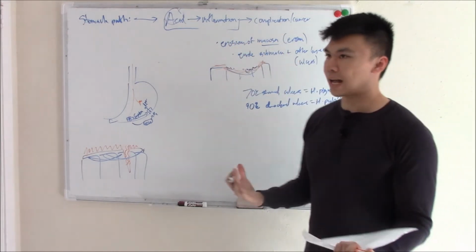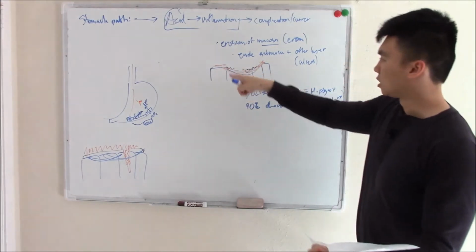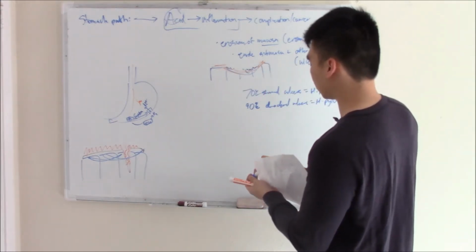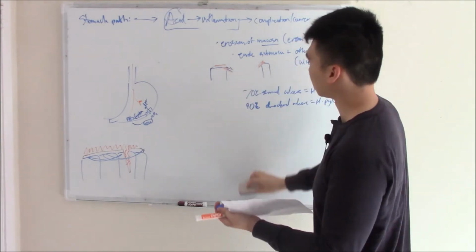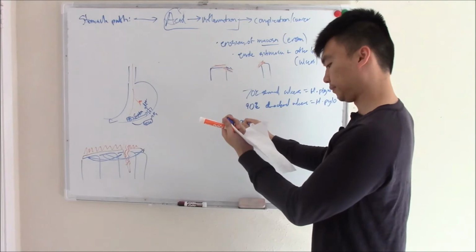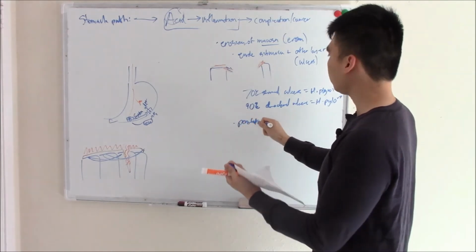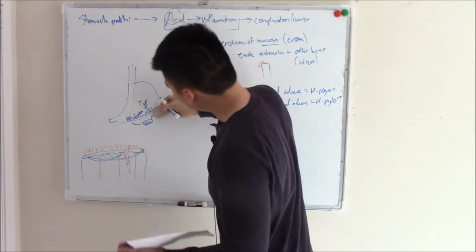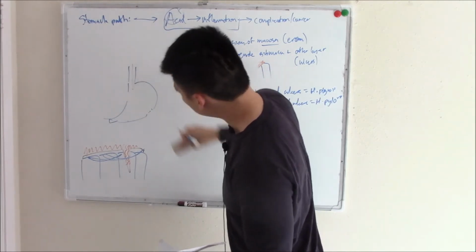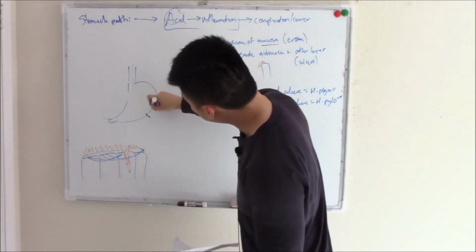And like I said, acid doesn't just stop there. It can keep going and going until it literally blows out your entire stomach wall. So complications of ulcers include things like perforation. It basically perforated your stomach wall.